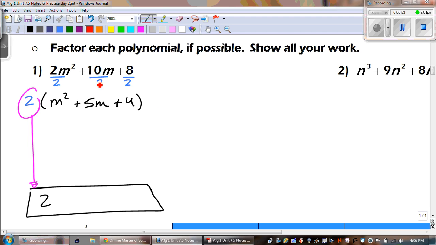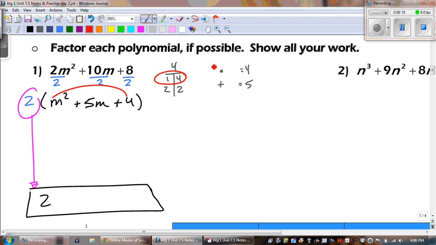Okay, so I want to do a times c, which gives us 4. Hopefully writing the factors of 4 won't take us too long. 1 times 4 and 2 times 2. So I want the factors that multiply to get to 4, but add up to get me 5. Which set of numbers is that?